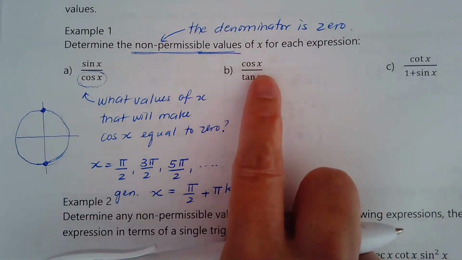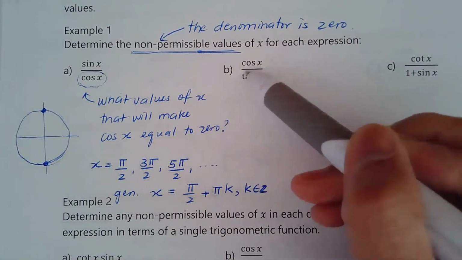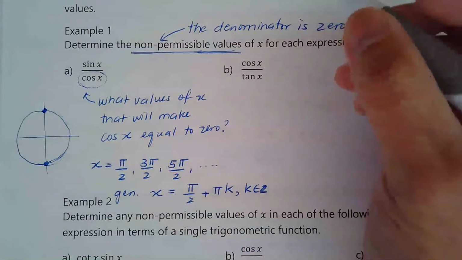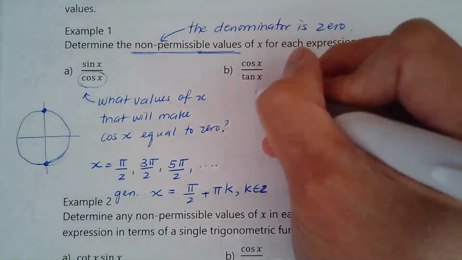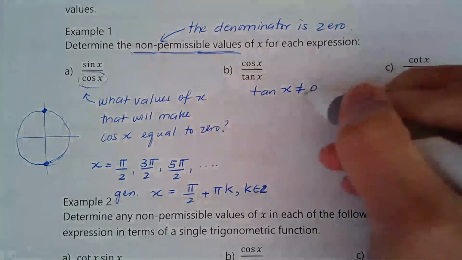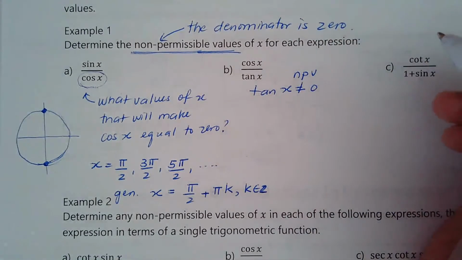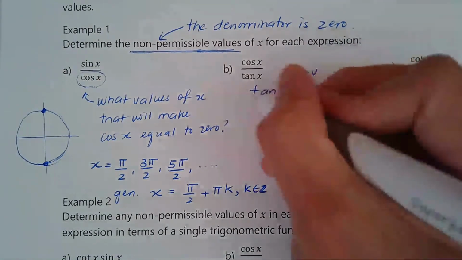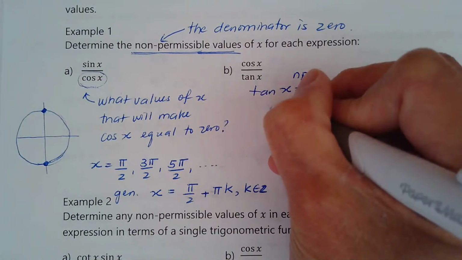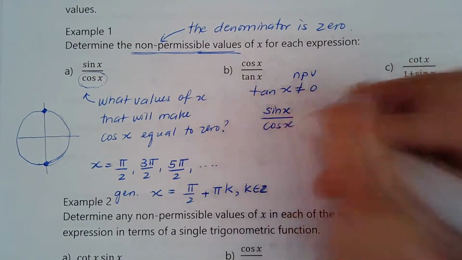Now what about this one? What will make this tangent 0? Where is tangent 0? We want tan of x to not equal 0, right? That's our non-permissible value. Well, what is tangent? Tangent is sine of x over cos of x.